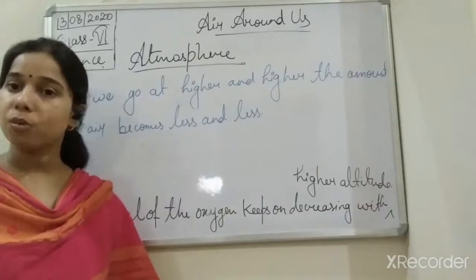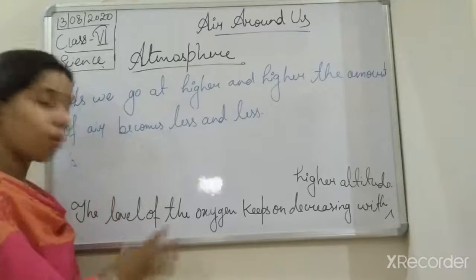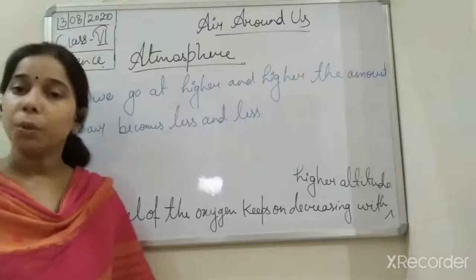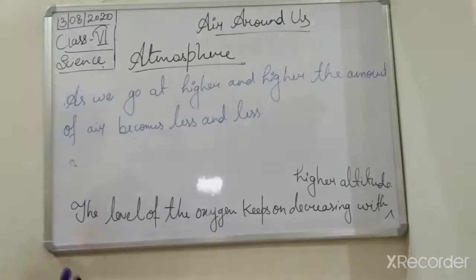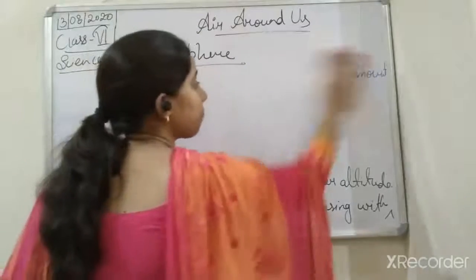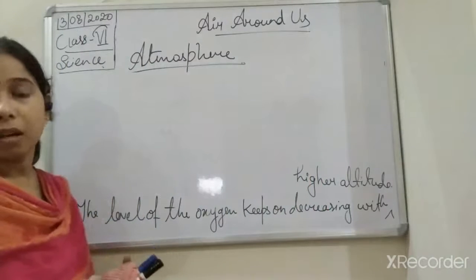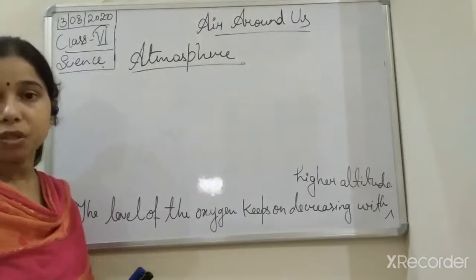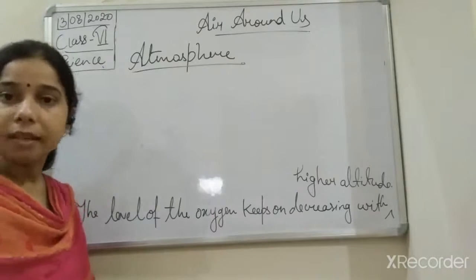And since the amount of air is decreasing, obviously the amount of oxygen present in it will also keep on decreasing. So mountaineers carry the oxygen cylinder so that the low amount of oxygen can be compensated by the oxygen cylinder, students.